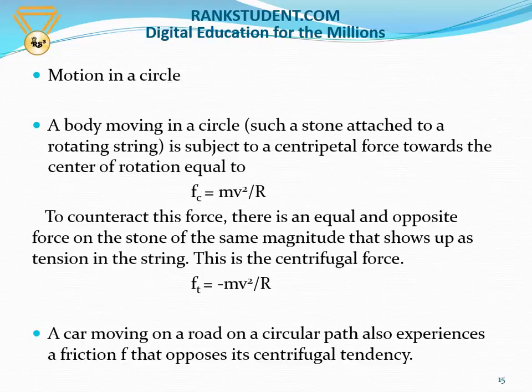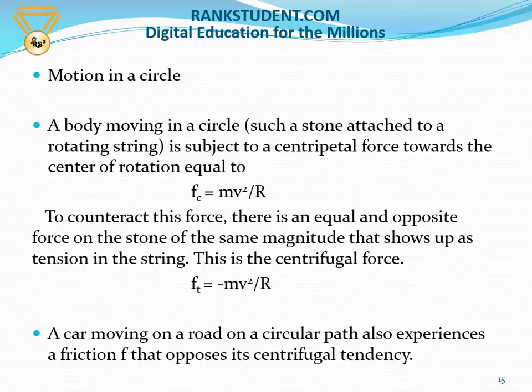Let's look at motion in a circle. A body moving in a circle, such as a stone attached to a rotating string, is subject to a centripetal force towards the center of rotation equal to F sub c equals mv squared over r.